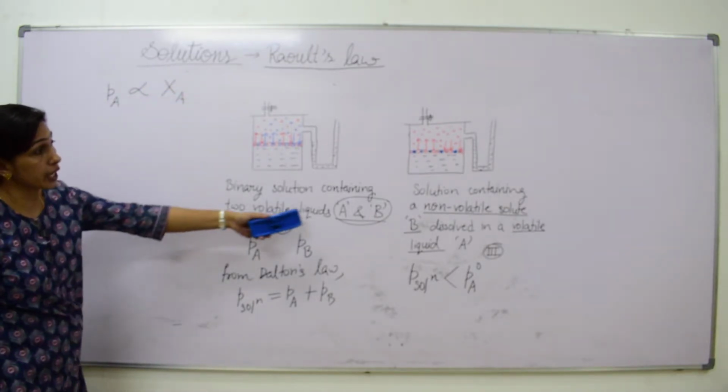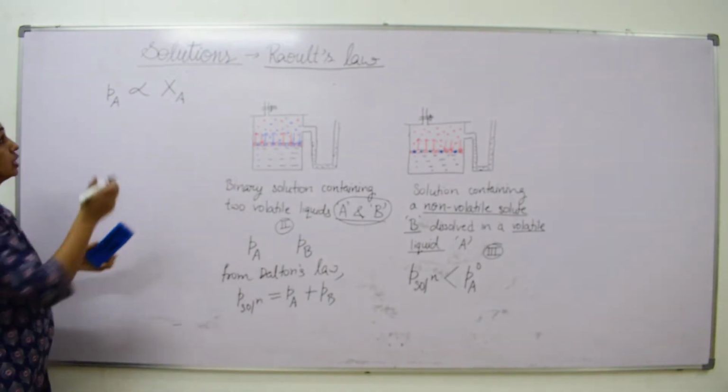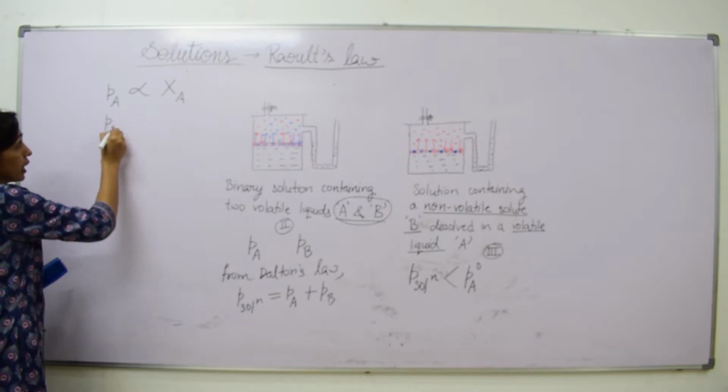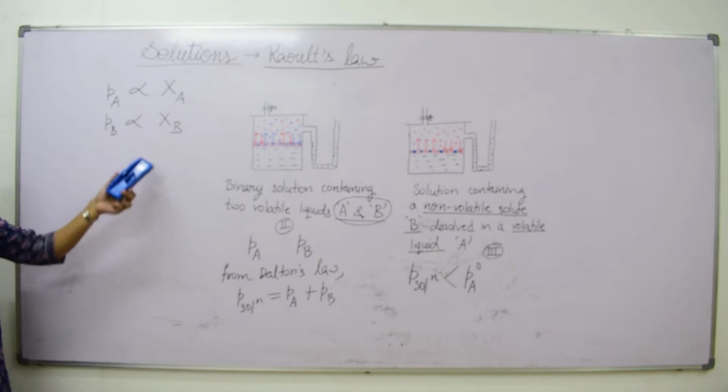So, the vapor pressure of A will be directly proportional to its mole fraction in the solution XA, and the vapor pressure of B will be directly proportional to its mole fraction in the solution XB.